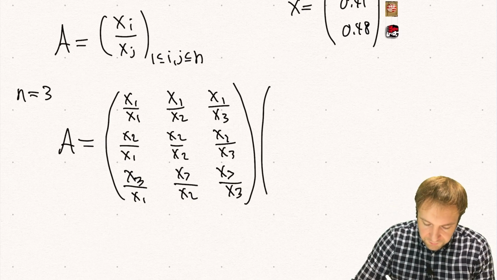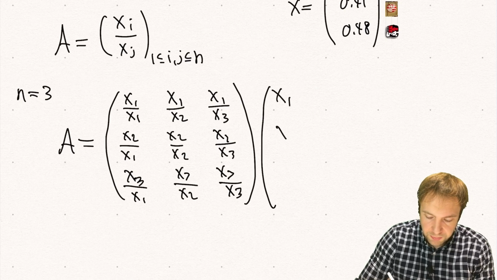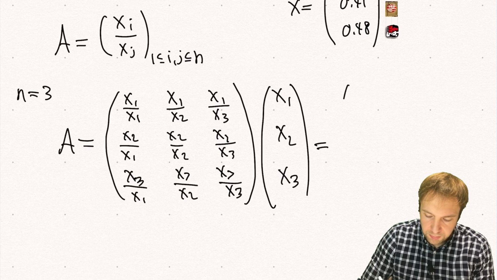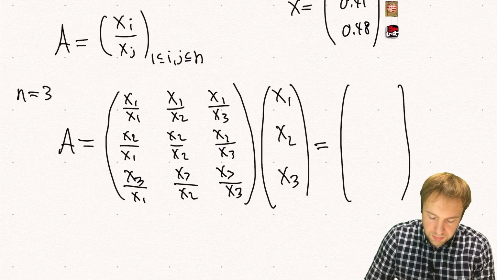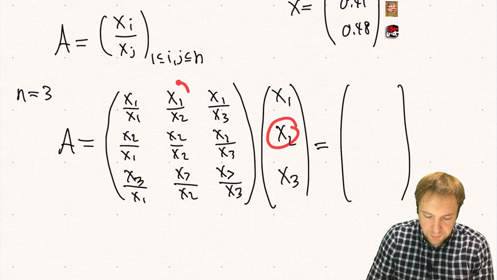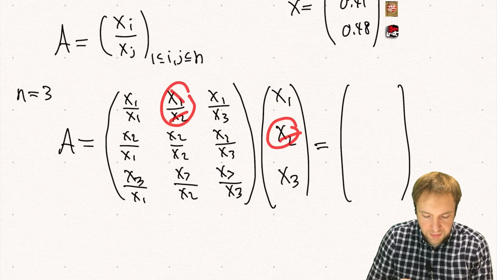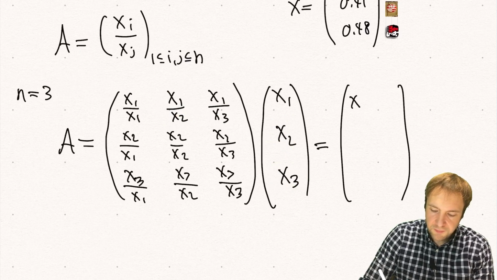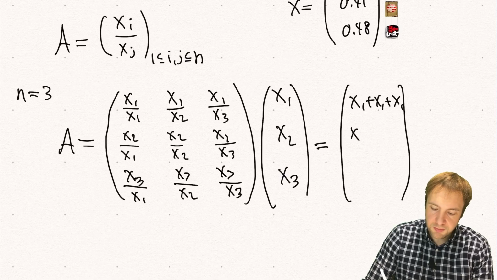But what happens here if I multiply with the vector x1, x2, and x3? Well, you see that if I multiply this, I get x1. If I multiply x2 with this, then the x2 cancels, I get x1. And here if I multiply this, then the x3 cancels. So actually here I have x1 plus x1 plus x1. And also in the second row I get x2 plus x2 plus x2.